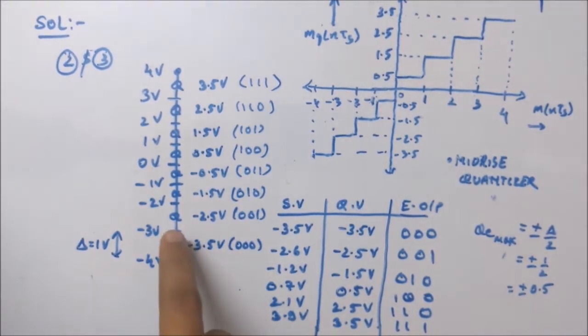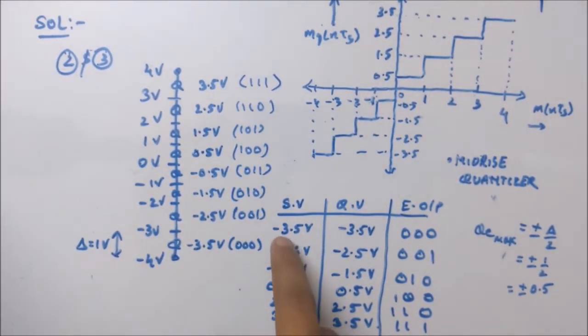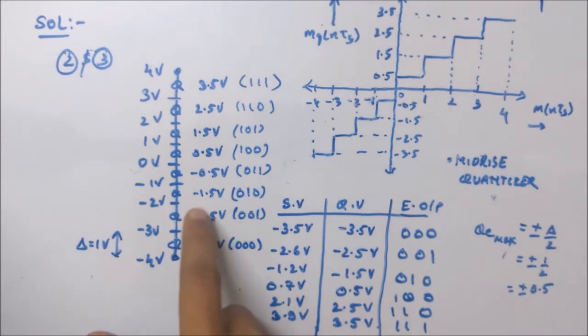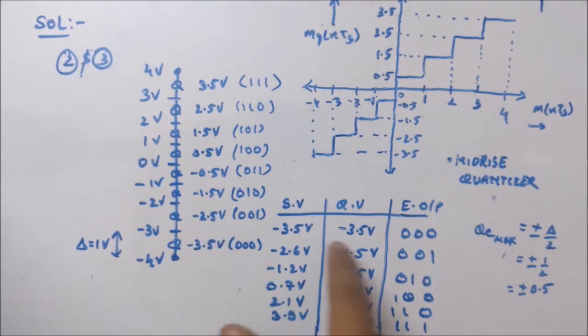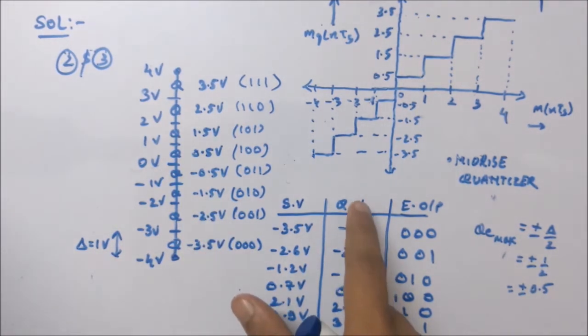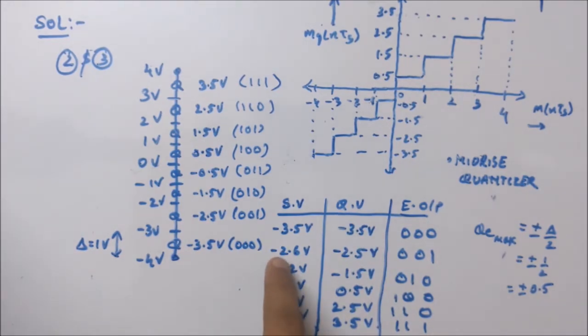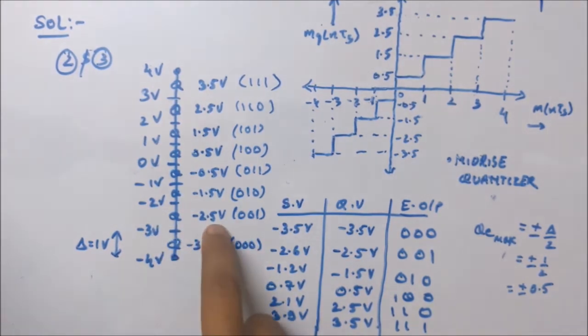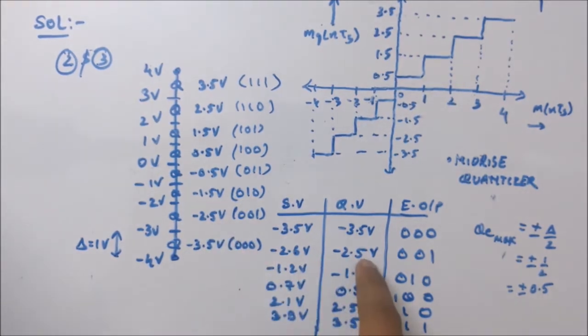If I take -3.5 volt as the input of the quantizer, my output will be -3.5 volt. Similarly, if -2.6 volt is my input to the quantizer, then -2.6 volt lies in this range, which means the quantized output will be -2.5.